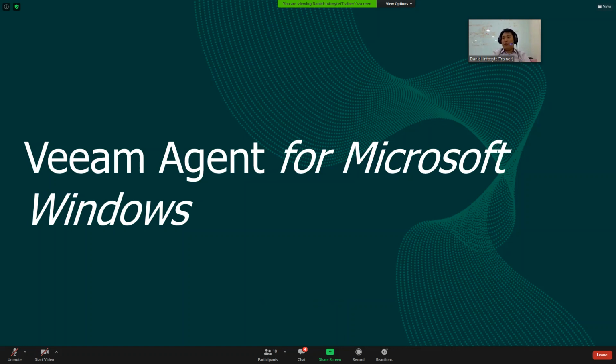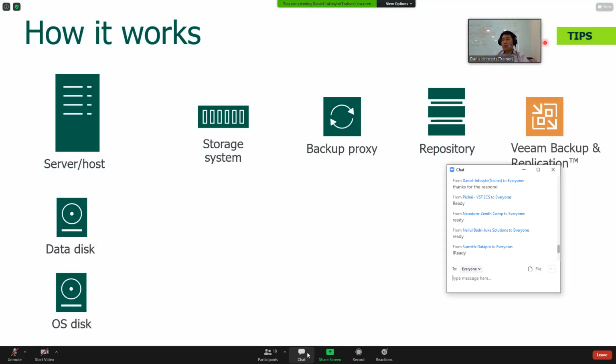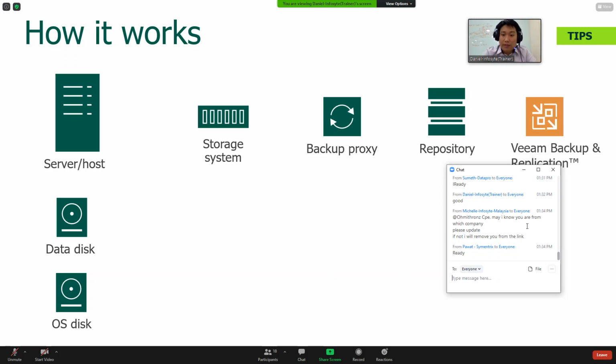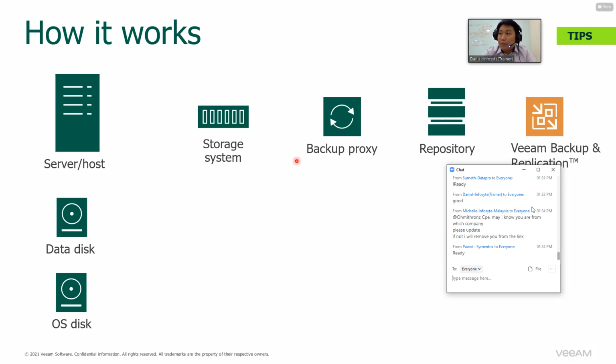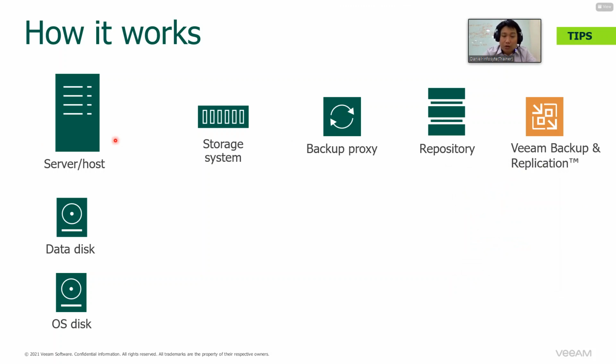So, Veeam agent for Microsoft Windows. This was supported long ago, and in version 11 we now support a new feature, only in V11: storage snapshot support for your server host.